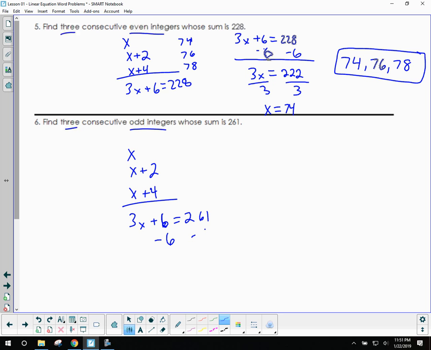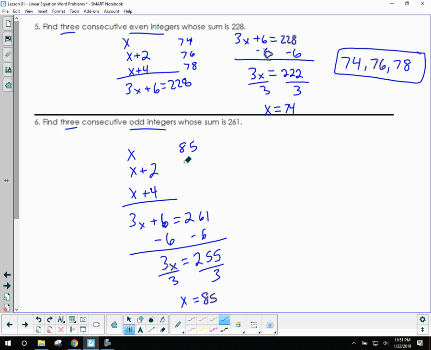I'm thinking 85. Let's find out. It is 85. I can just do this stuff in my head. Again, checking my work. Let me do a better bracket than that.